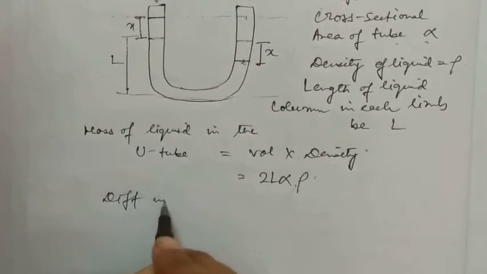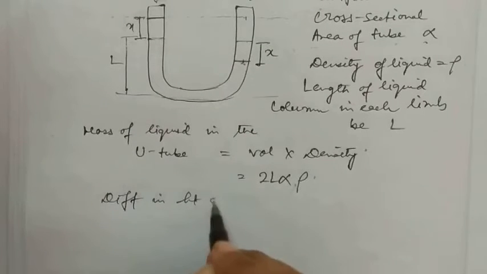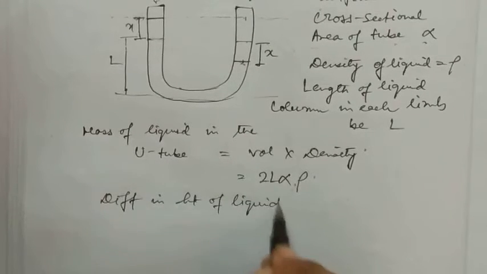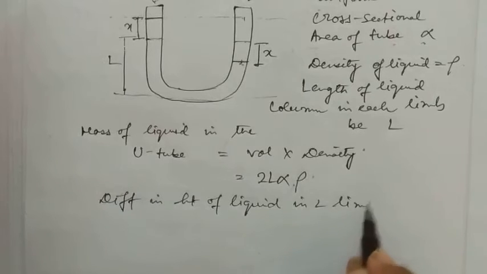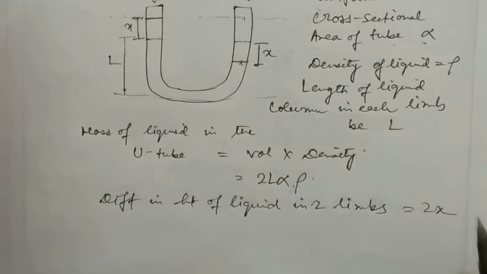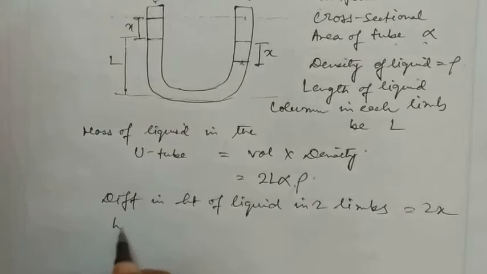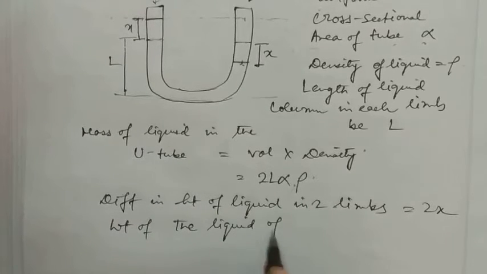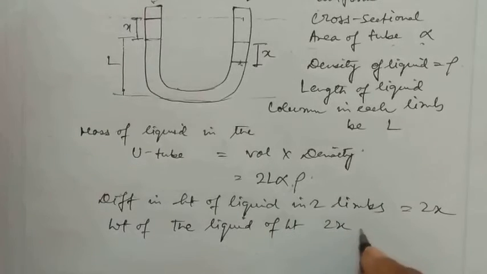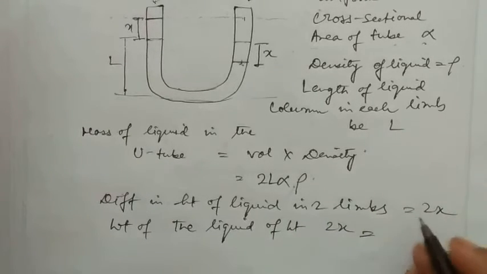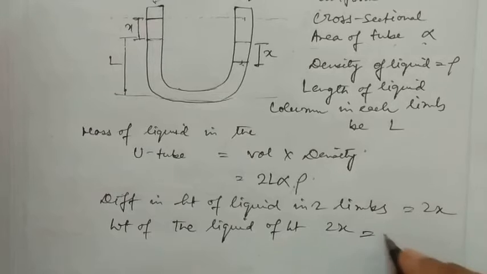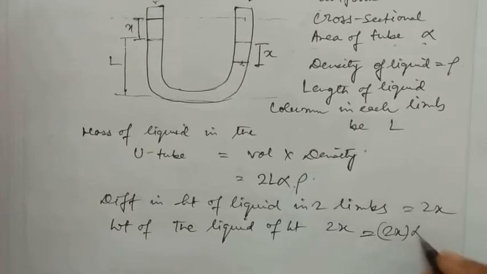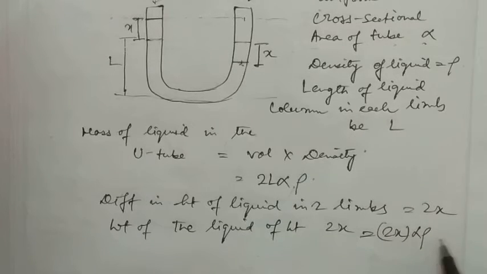Difference in height of liquid in the two limbs is equal to 2x. Weight of the liquid of height 2x is, similarly, weight means mass into g, so 2x is the length, alpha is the area of cross-section, which becomes the volume, into density becomes the mass, into g becomes the weight.